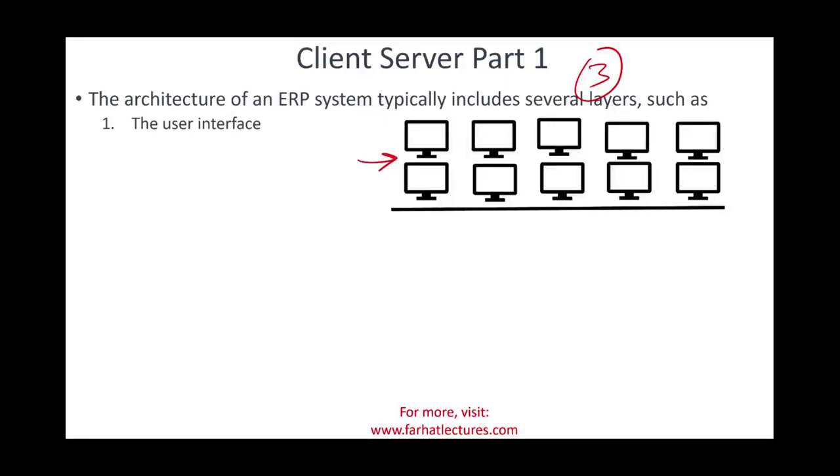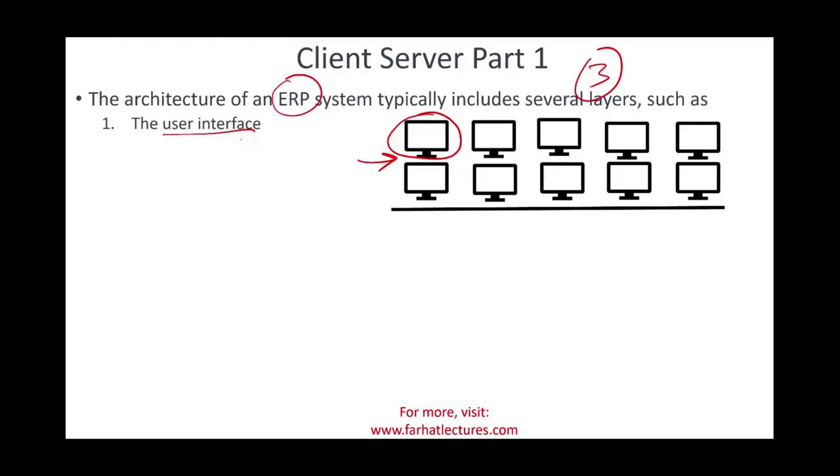Simply put, the user interface is used by the employees of the company or by customers. For example, you would log in through your user interface, your laptop, your desktop, your iPad, your tablet, your iPhone, to input an order. And you'll put the order within the application of an ERP.